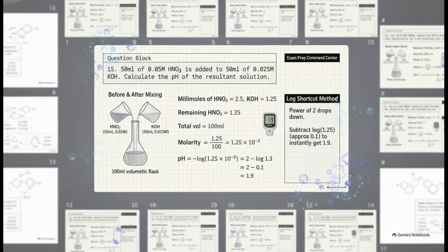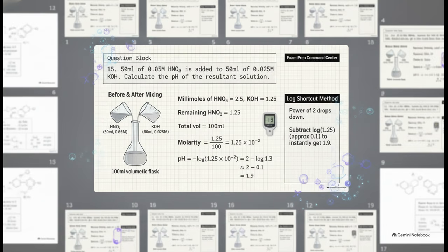Question block. Exam Prep Command Center. 15. 50 milliliters of 0.05 M HNO3 is added to 50 milliliters of 0.025 M KOH. Calculate the pH of the resultant solution. Millimoles of HNO3 equals 2.5, KOH equals 1.25, remaining HNO3 equals 1.25.